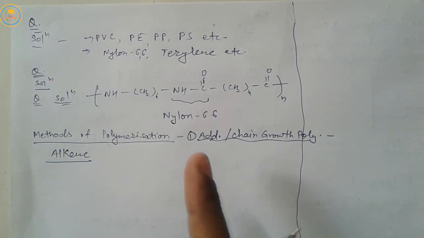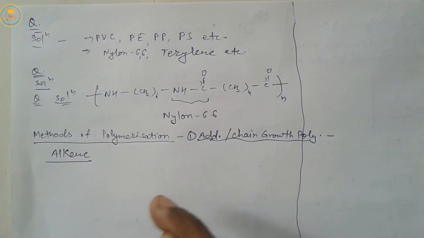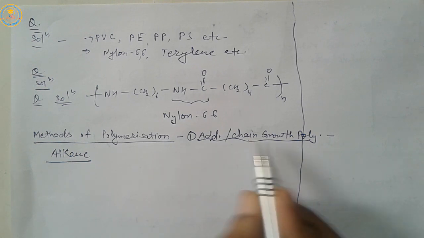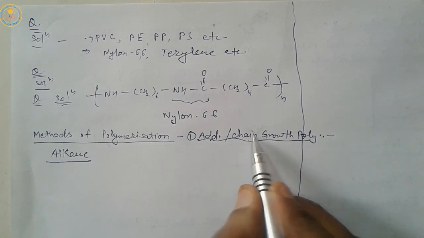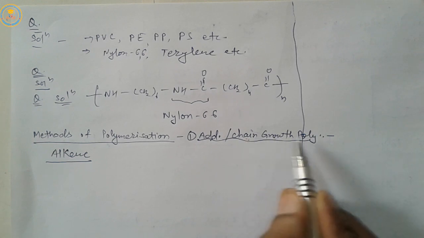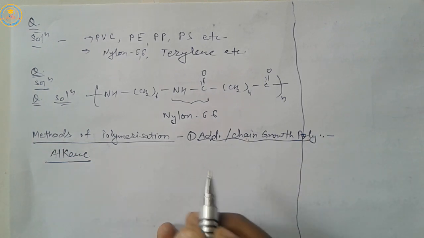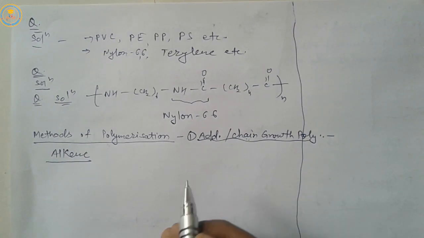In this process, the monomer units are added to a successively growing chain, so it is called chain growth polymerization, and the products are called chain growth polymers.